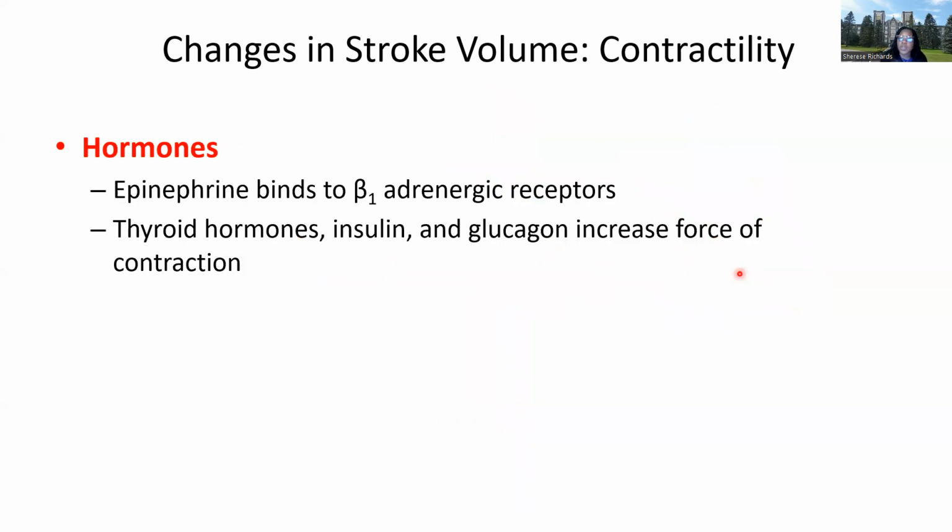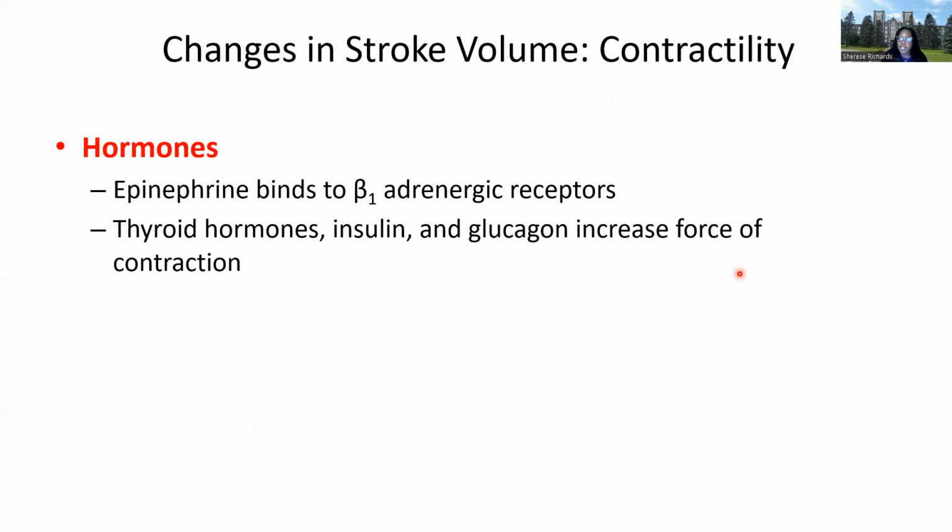Lastly are the hormones. So what are the hormones that can influence stroke volume by way of influencing the contractility? That would be simply the epinephrine hormone, which is again mimicking the sympathetic nervous system. So by way of epinephrine as a hormone binding to beta-1 receptors, we get those same four events that are augmented when the neurons are innervating the cardiac myocytes, right?